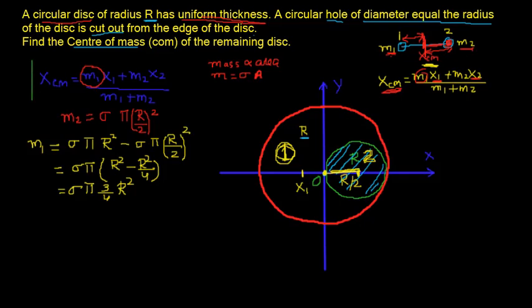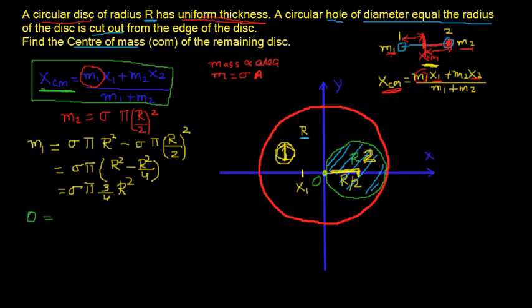If you now check this formula and we substitute our values here. What is XCM? XCM is the center of mass of the whole system, which is obviously this origin, so it becomes 0. So our XCM comes out to be 0, equal to M1. What is our M1?